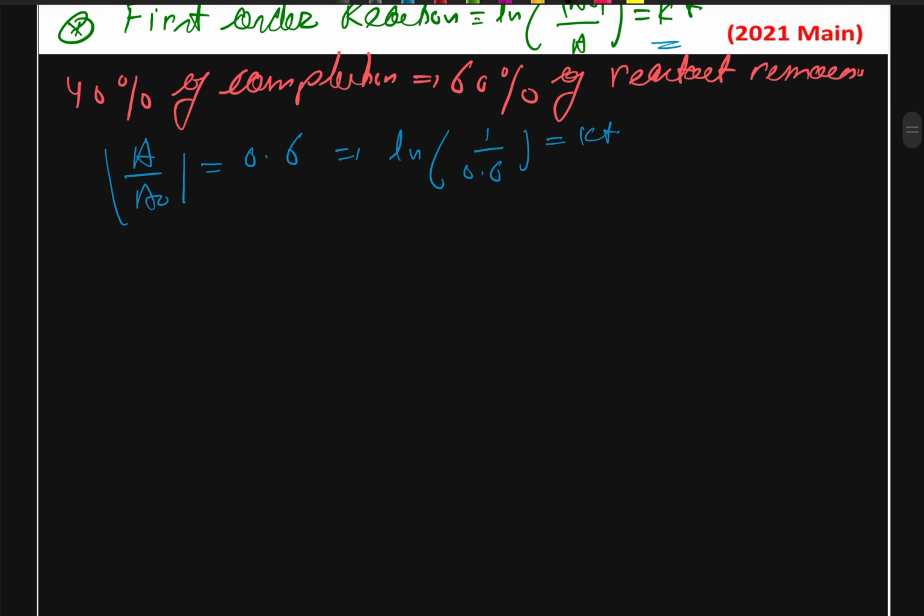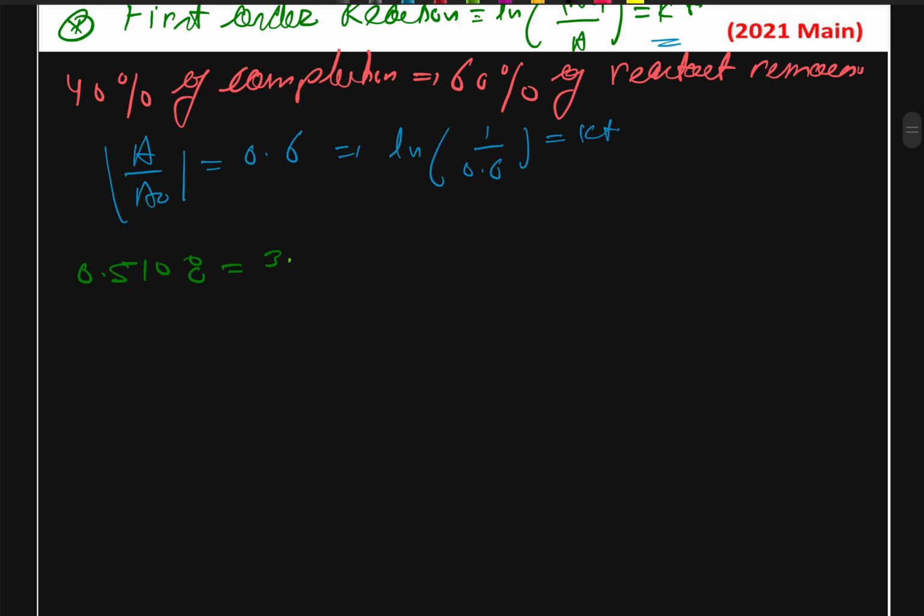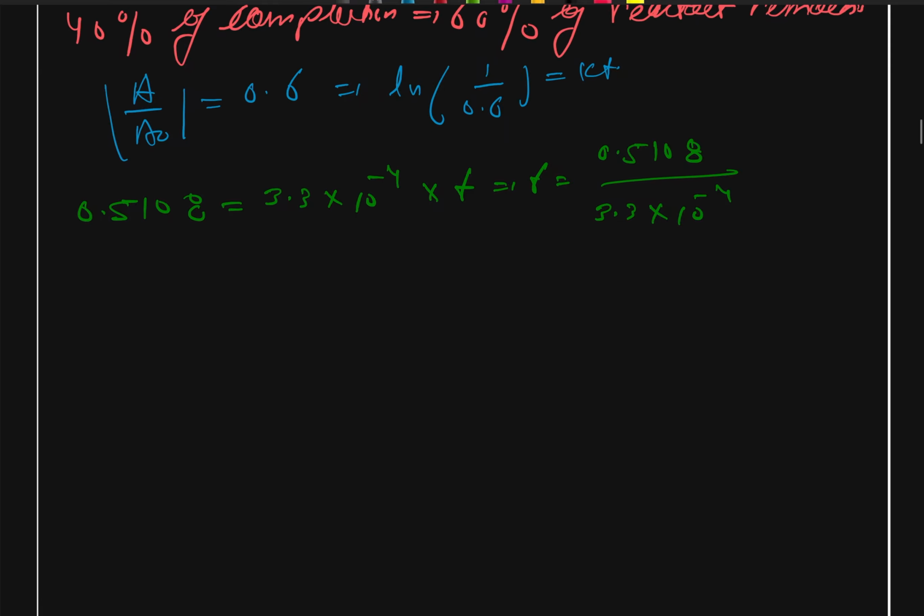So this natural log will be giving us a value of 0.5108, which is equal to K, 3.3 times 10 to the power minus 4, times T. So from here we get T will be equal to 0.5108 divided by 3.3 times 10 to the power minus 4.